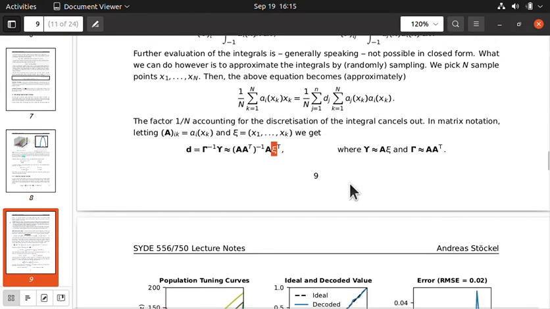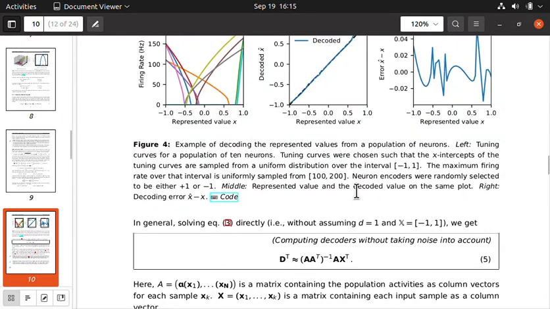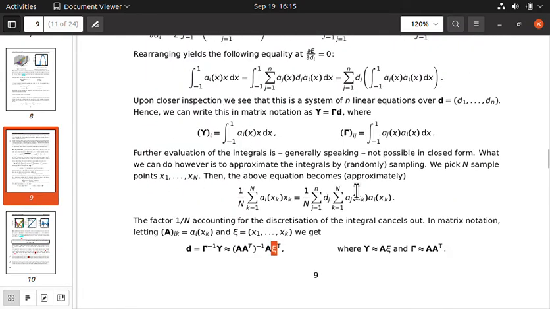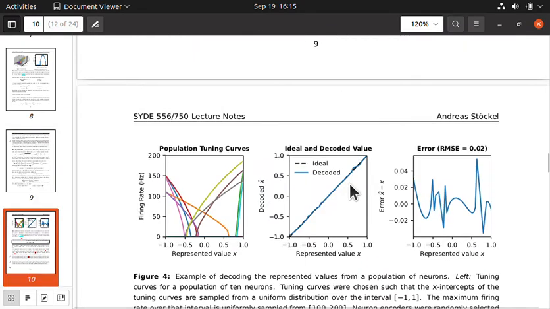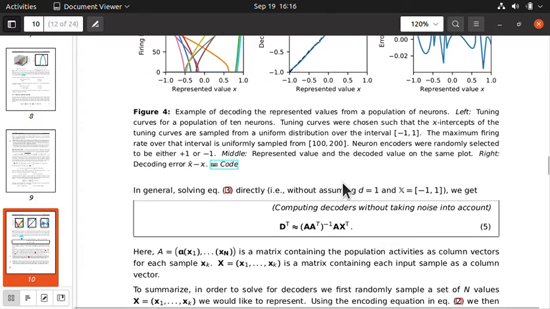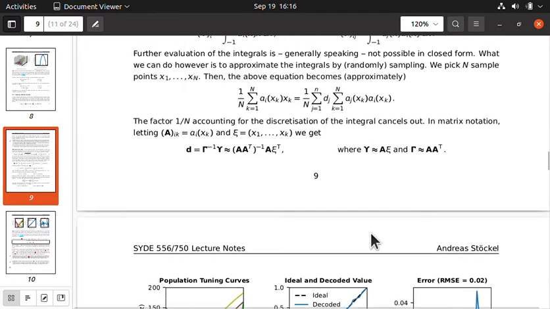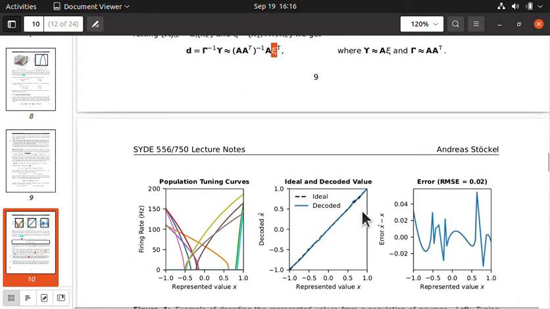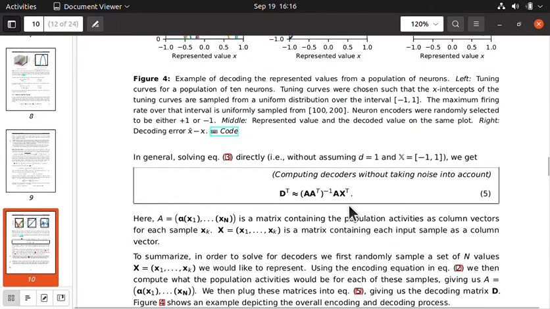All right. Maybe that math was useful for you, maybe it wasn't. The punchline is, if I want to compute my decoders, this is my equation. See, here we go, now it's X. This X, that's what I meant, that's the same as this thing here. I'll fix that notation at some point.